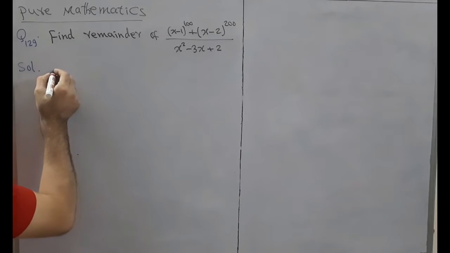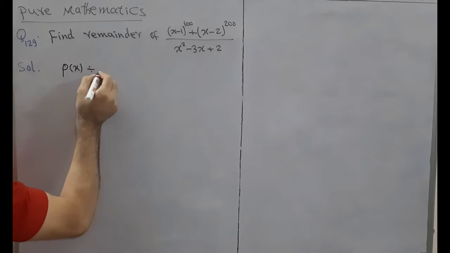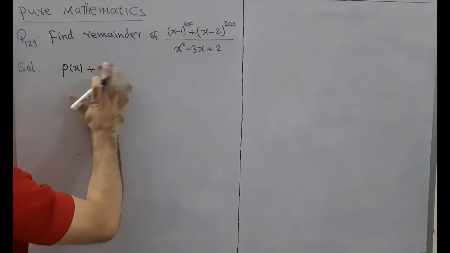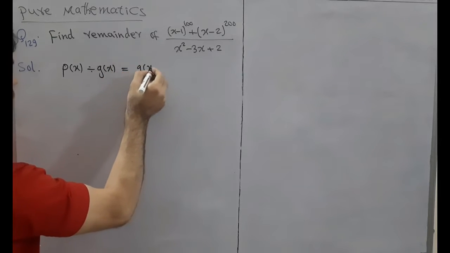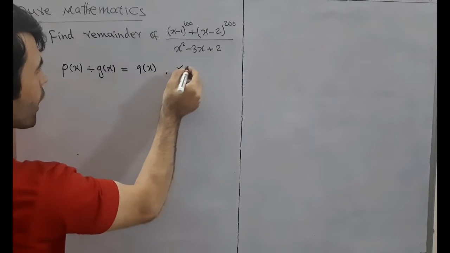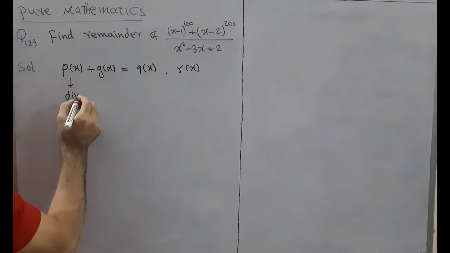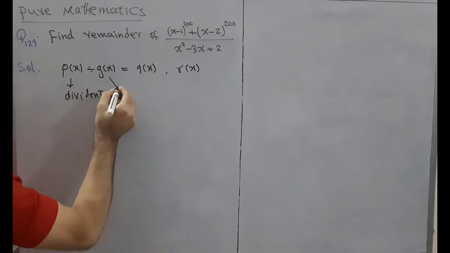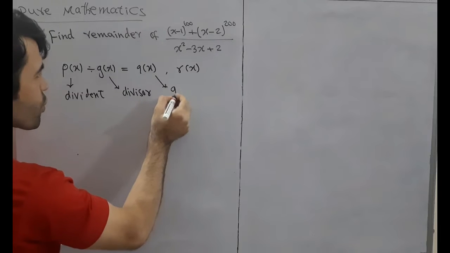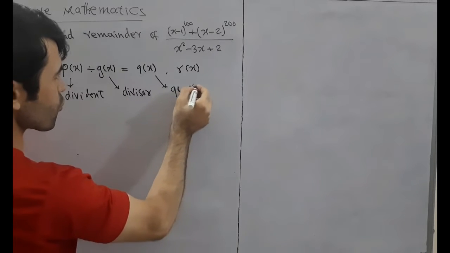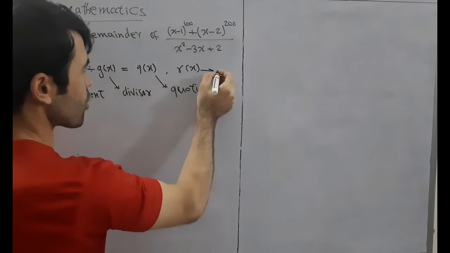From dividing of polynomial we can write p(x) divided by g(x) is equal to q(x), the quotient, and r(x) is the remainder. p(x) is the dividend, g(x) is the divisor, this is the quotient, and r(x) is the remainder.